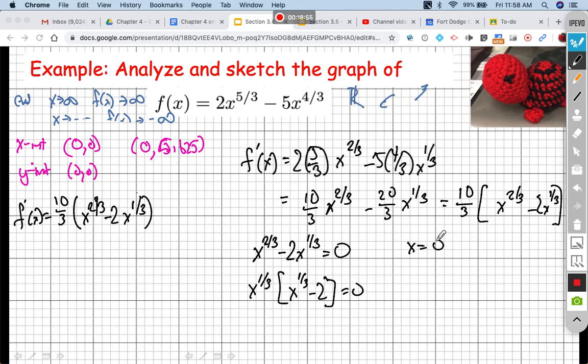So I get x equals 0, or x to the 1/3 equals 2, so x equals 8. So I look at that point, again, 0 is going to give me the point 0, 0. I plug in 8, and 8 plugged into this equation is going to give me 16. So I'm going to have critical points at 0, 0 and at 8, 16.